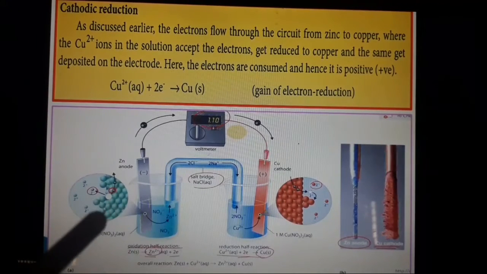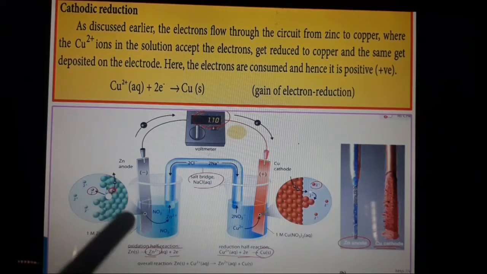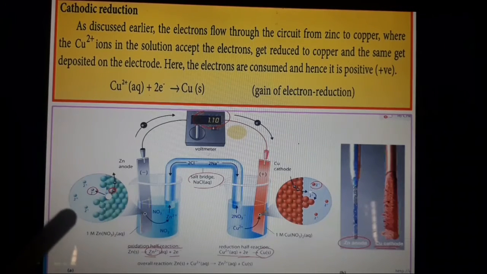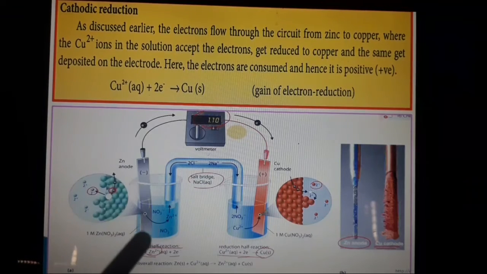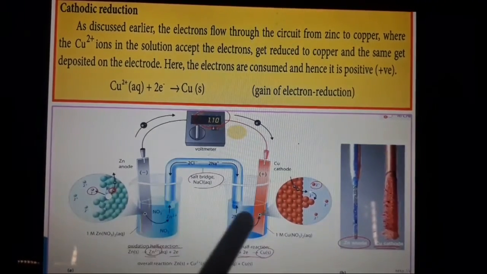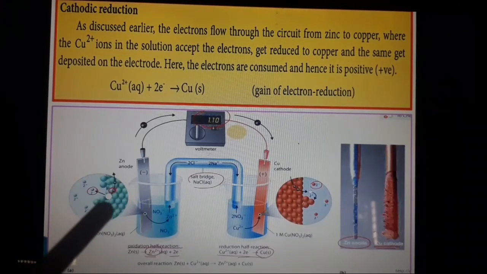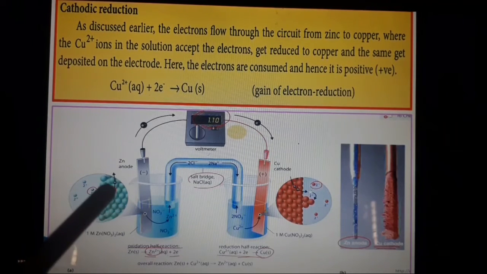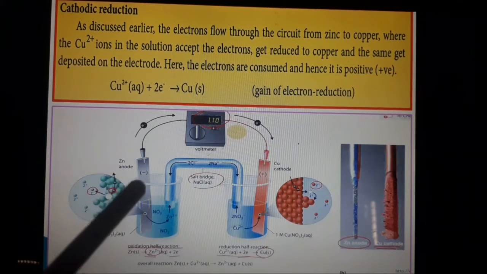The zinc releases electrons, which move from this beaker to the other through the external circuit. The zinc metal releases 2 electrons and changes to zinc 2 plus ion.